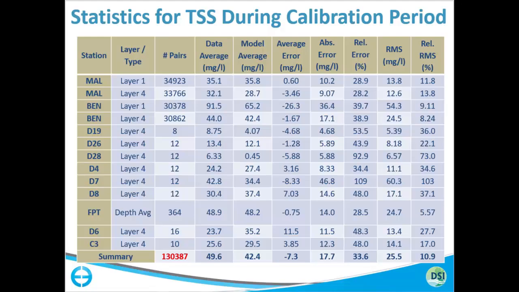So we're looking at a huge number of data sets here. We had overall 130,387 points to compare. So these are stations on the left, these are different locations. And on the bottom there is a summary where it says what was the average data, what was the average model data, what was the absolute average error.